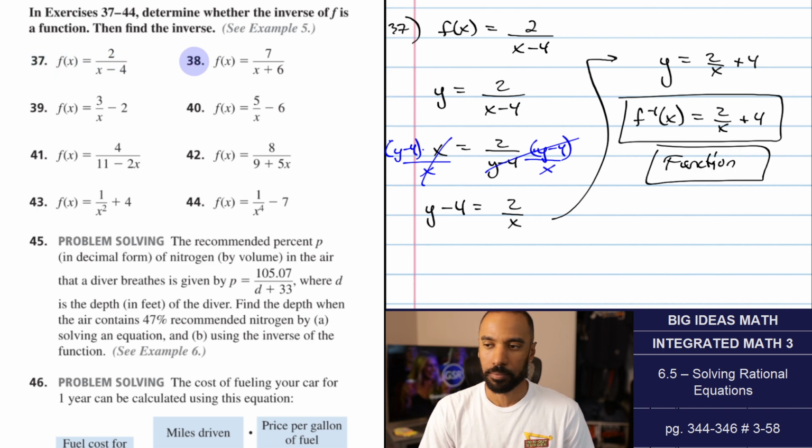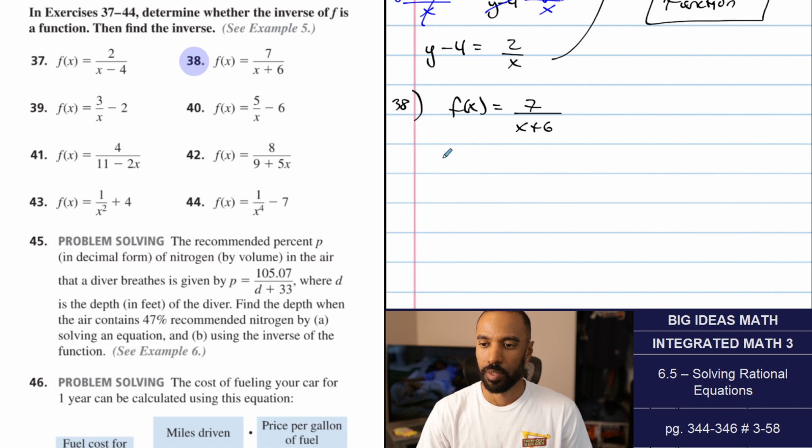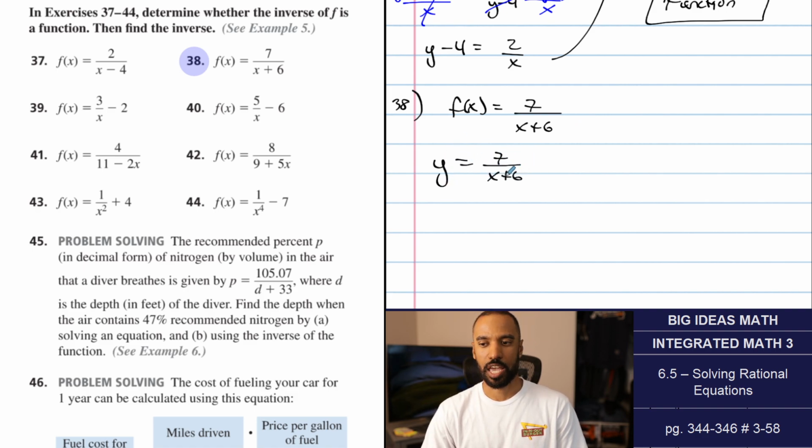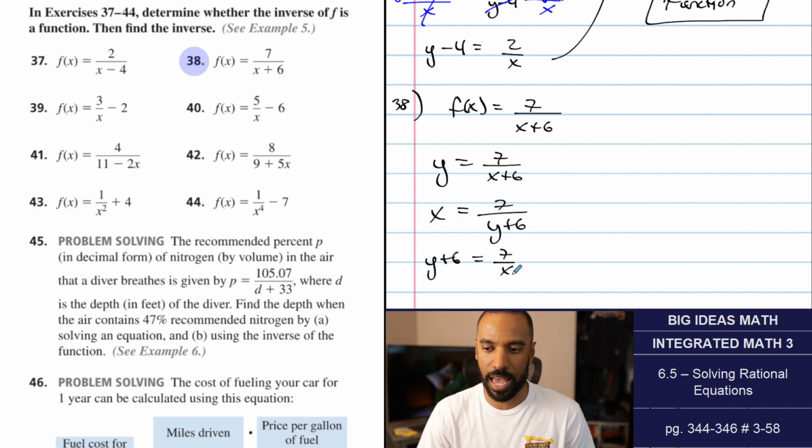Number 38. F of x equals 7 over x plus 6. Turn that into y. And if you notice last time, when I multiply by x plus 6 and divide by... Oh, sorry, I need to swap x and y first. But when I solve for y here, when I multiply both sides by y plus 6 and divide both sides by x, they switch places, like that.